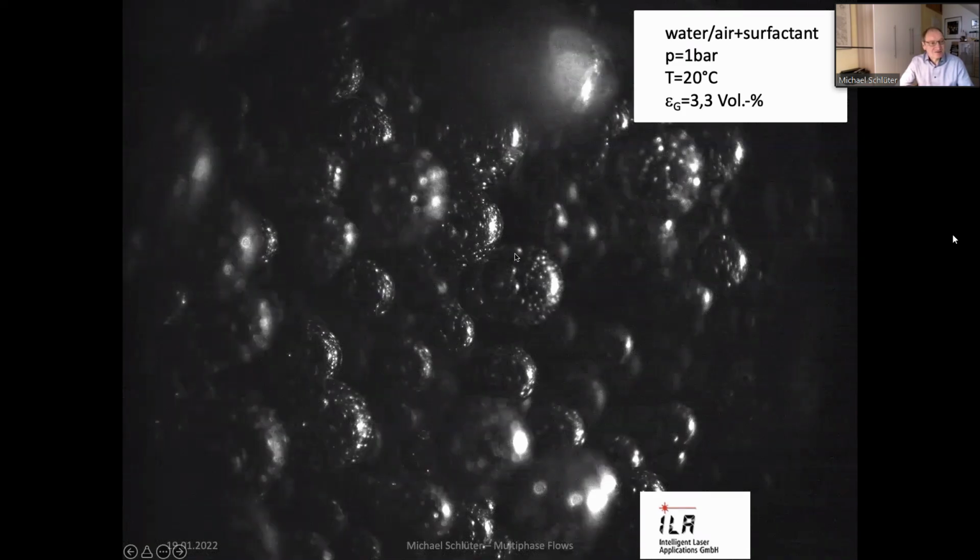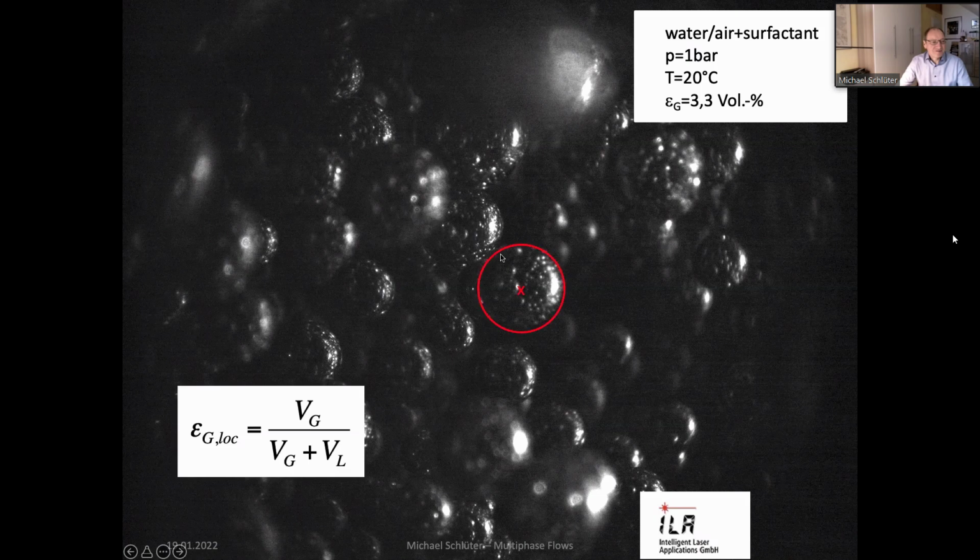And here you see, for example, a view with this endoscopic system into a bubble swarm, and you see here nicely the tiny bubbles. The bubbles that you can see here are reflections from other bubbles around. And now, of course, we can estimate with this picture the size of the bubbles. We can come to the gas hold up. If we sum up all the bubbles and we know the volume that we see here, we can estimate the local gas hold up.